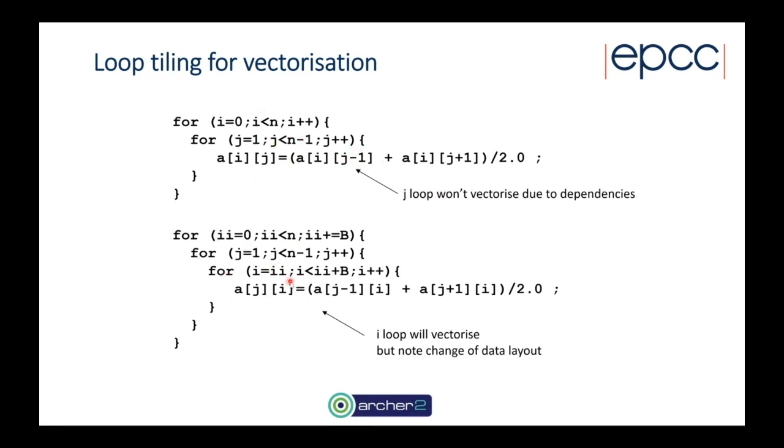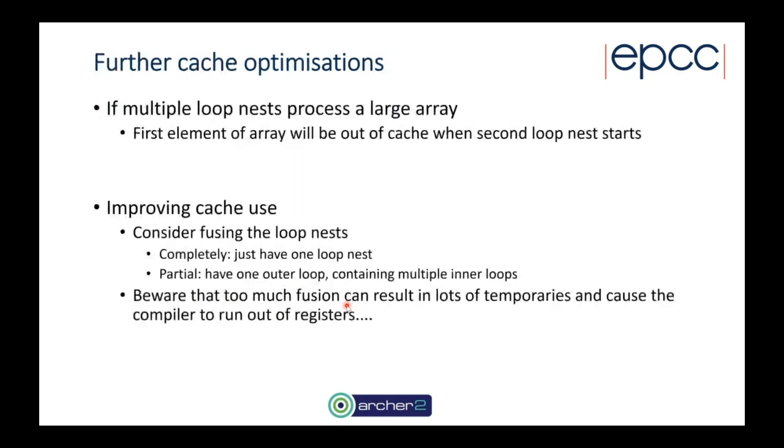But actually you can do a little bit of cache blocking or loop tiling here, so that we've changed the layout of the data. We're going through it in a different order, but we structure it in such a way that the data it needs to do the vectorization is there.